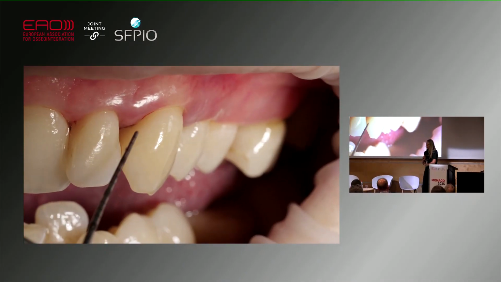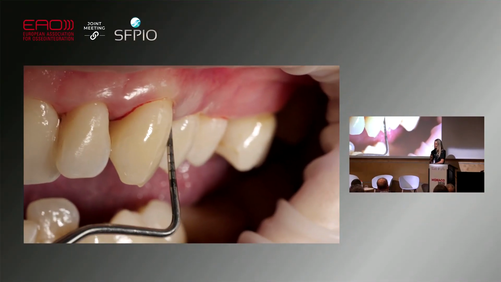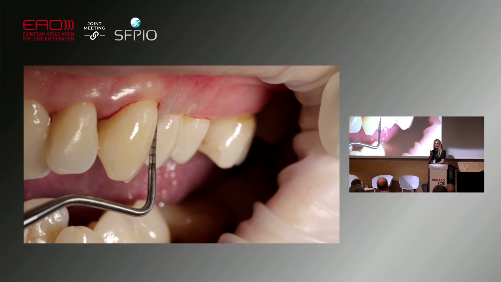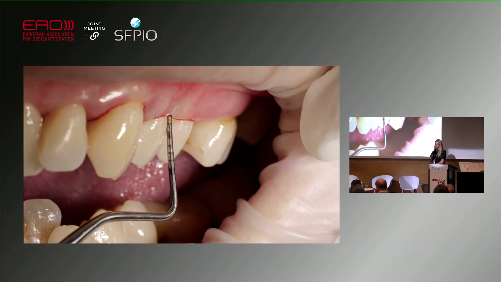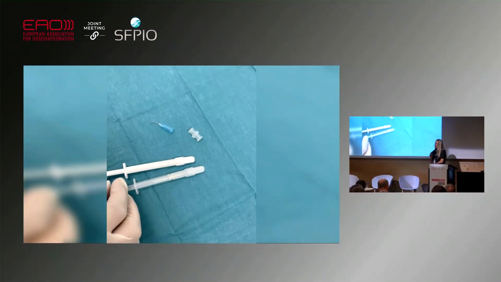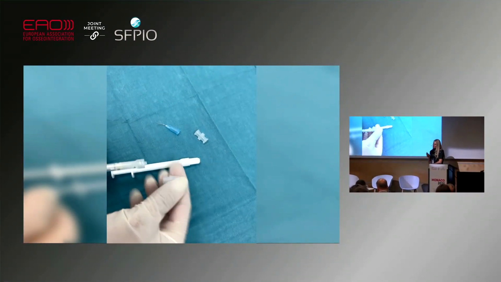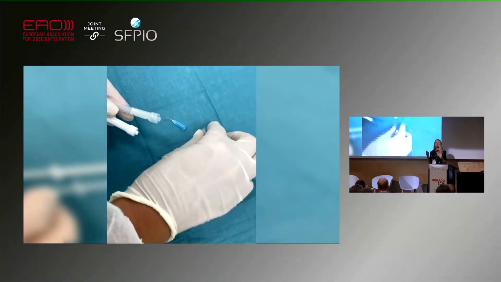How does it look clinically? So here we have some deep pockets, specifically on premolars. And we know how tricky the anatomy of the roots might sometimes be, and quite difficult to clean. Here we prepare the sodium hypochlorite amino acid gel, which forms chloramines.